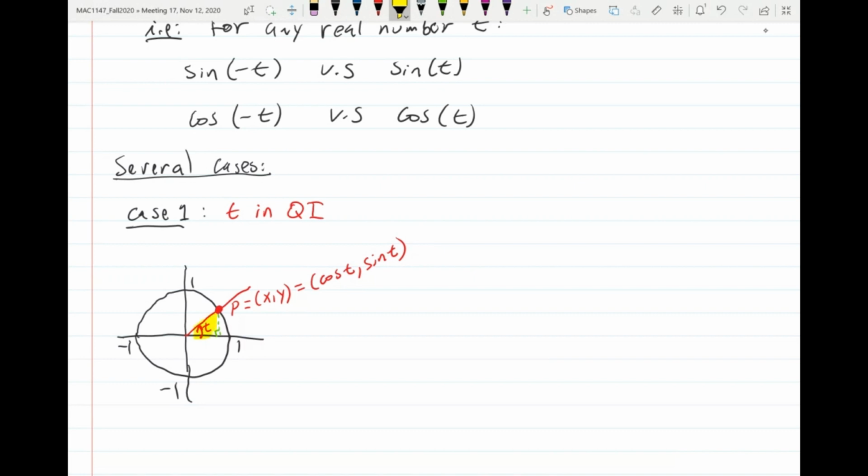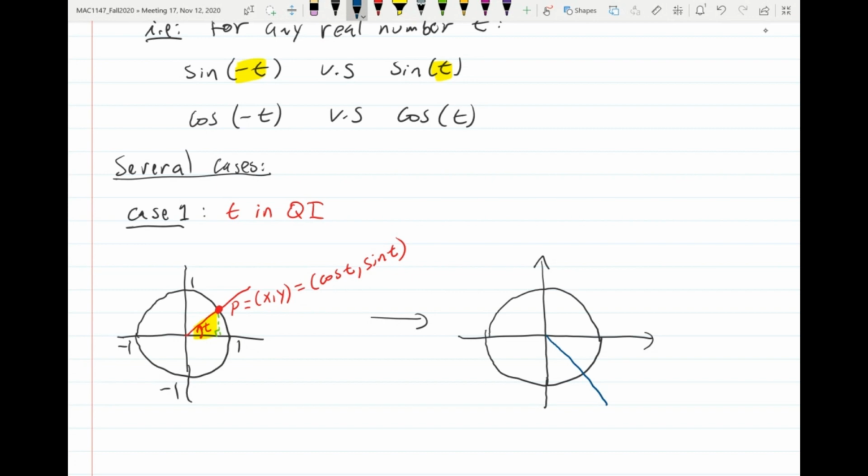Then I'm going to get a little triangle here. And let's look at the following picture. I'm going to do the reflection of this. Instead of t, I want to consider the circle with angle negative t, because remember, we are comparing negative t versus t. That's the picture for t on the left. Let us do the picture for negative t on the right. It's a negative angle, so it's going to go this way.